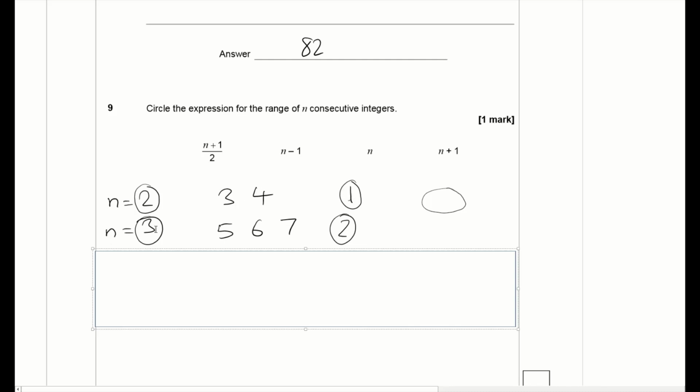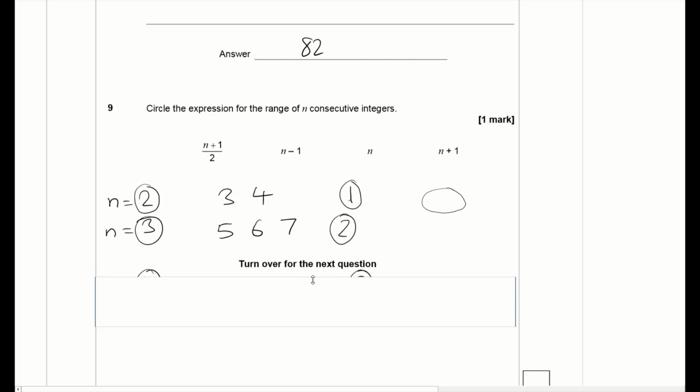If we look at n equals 3, as in 3 consecutive integers, 5, 6, 7, the range is 2. 5 is 2 away from 7. And if we look at 4 consecutive integers, 8, 9, 10, 11, you've got 11 minus 8 equals 3.